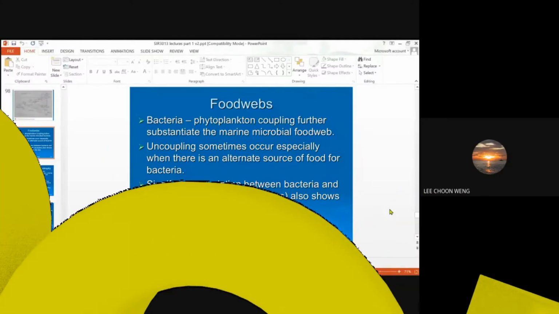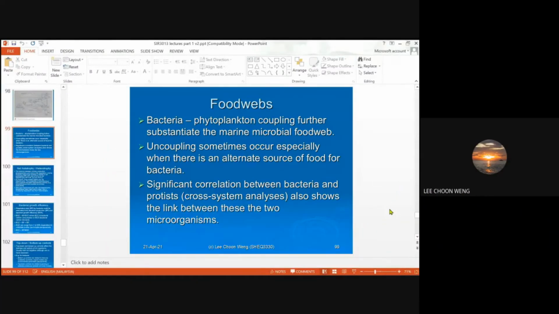Webs, right? Our understanding of the food webs comes from observations, field observations, what we have observed, the dynamics of the different components in the sea, and how they interact with each other.